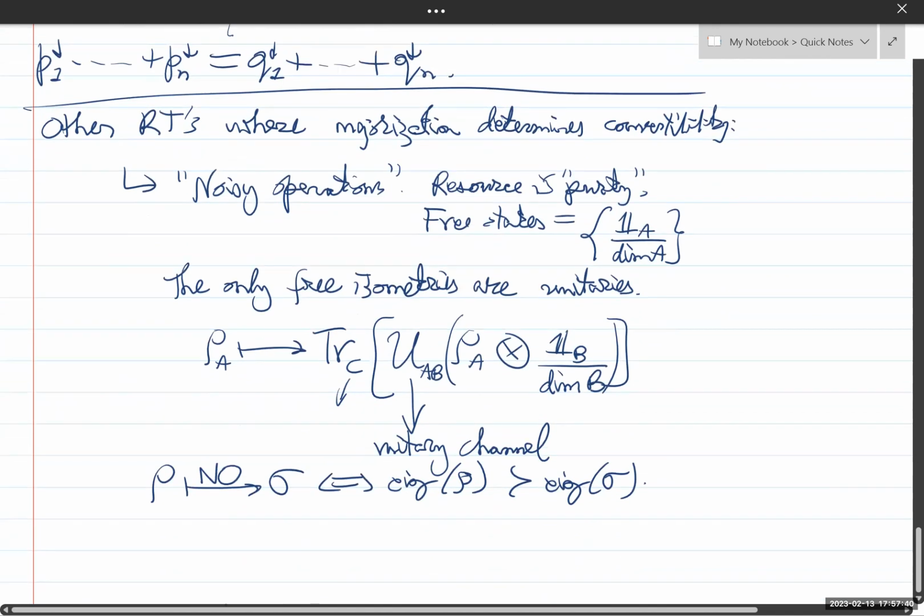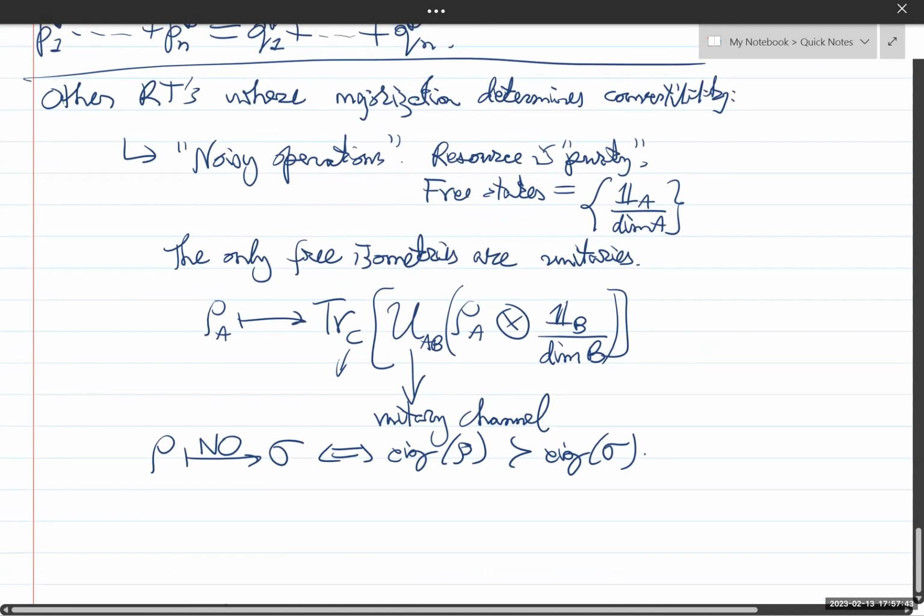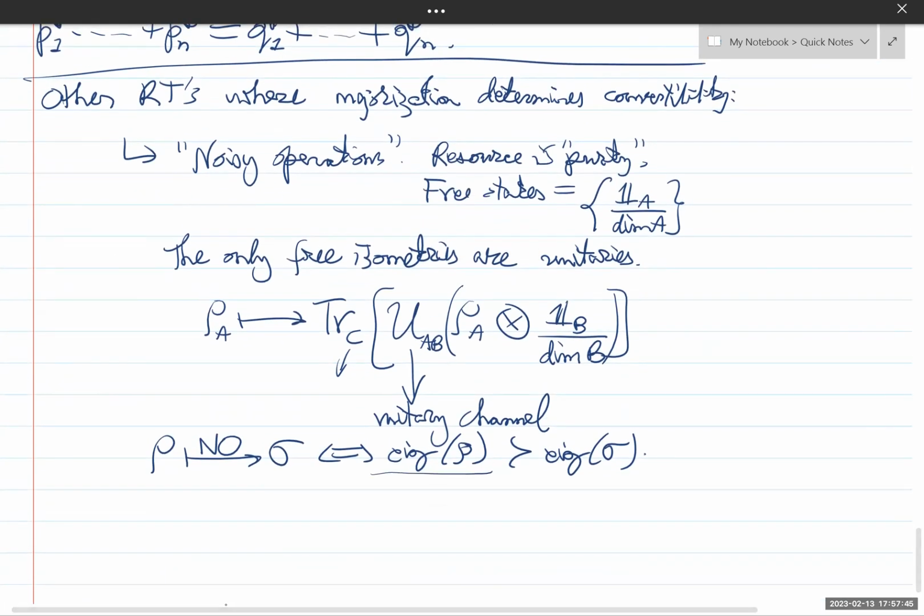Whereas in the case of noisy operations, the spectrum of rho needs to majorize the spectrum of sigma in order for there to be a noisy operation taking rho to sigma.